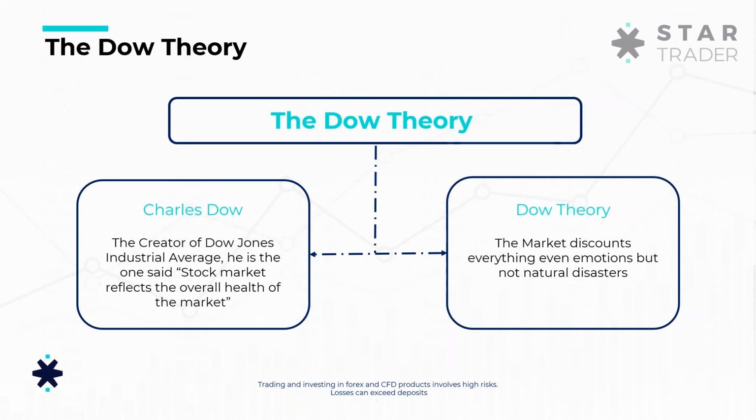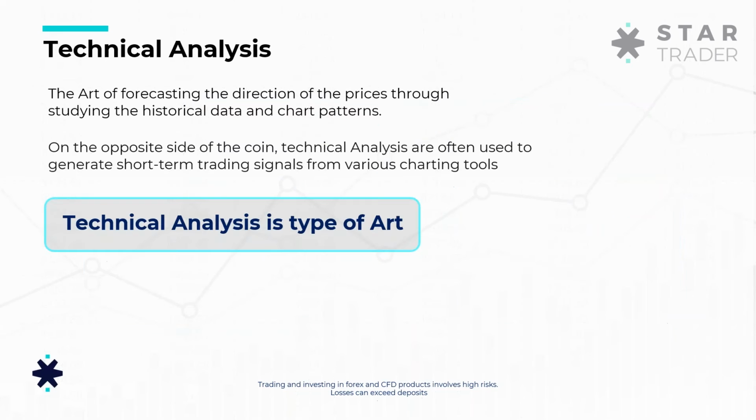So Charles Dow also created the industrial average, which we all know, which is Dow Jones Industrial Average, which is still for now the US market leader. Analyzing and knowing about this indicator can give you huge information about the US stock market. Without further ado, let's go to technical analysis.